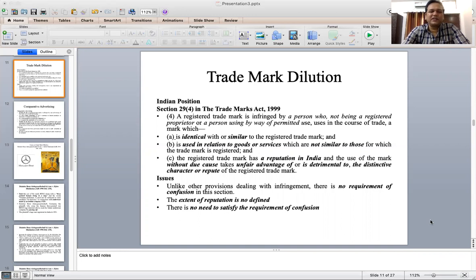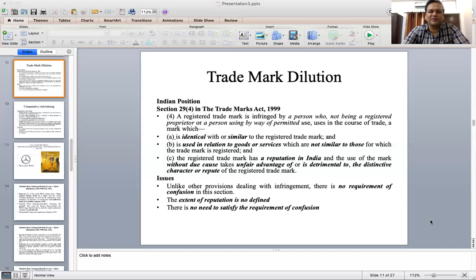As you see here, there are two previous conditions, that is, it must be either identical or similar. There is nothing given as a kind of confusion or deceptive similarity. That criteria is not considered here. Here the criteria is that the unauthorized user is using a mark as a trademark which is identical or similar with the registered trademark, and is used in relation to goods.